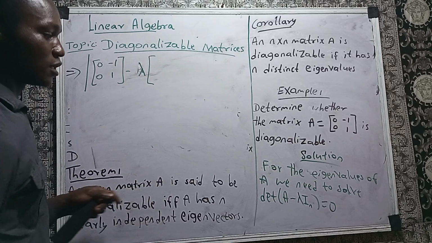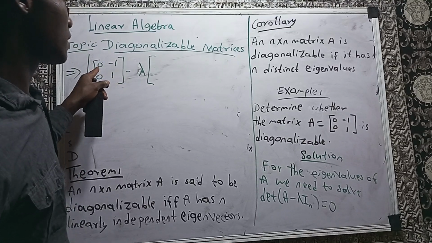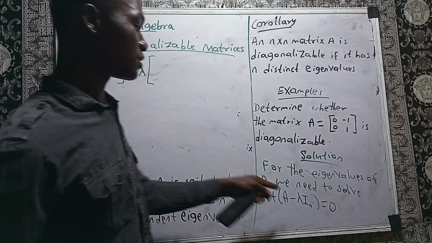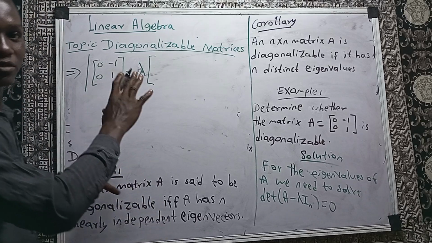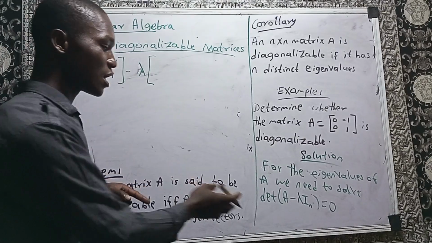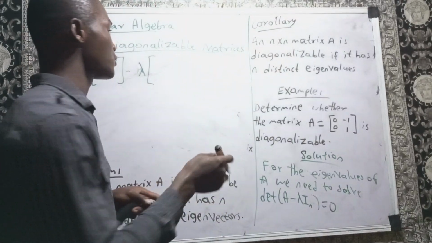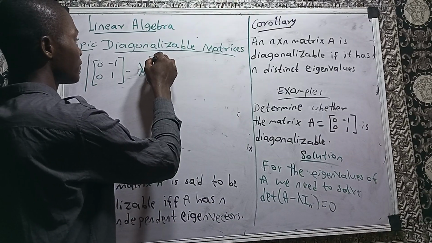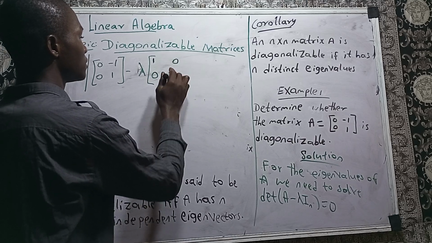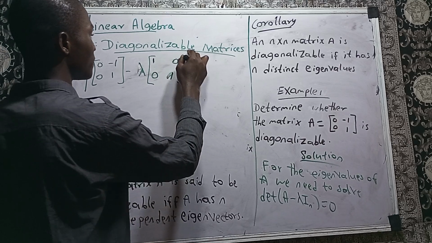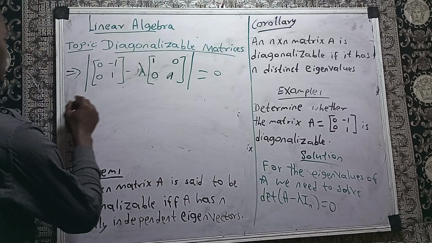What is the n there? That is the dimension. This is a 2 by 2 matrix, right? So our identity matrix must be 2 by 2. So we are going to have 1, 0, 0, 1. Determinant equal to 0. So this is the equation we have to solve.